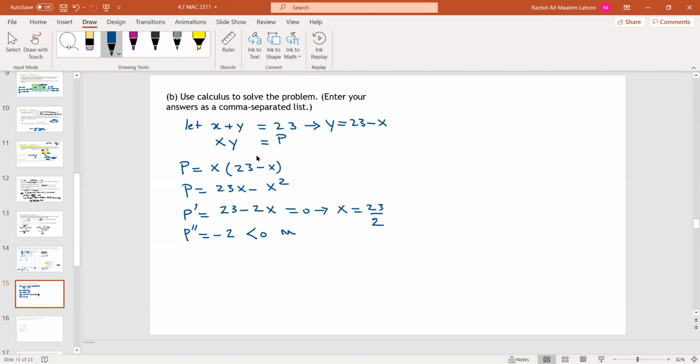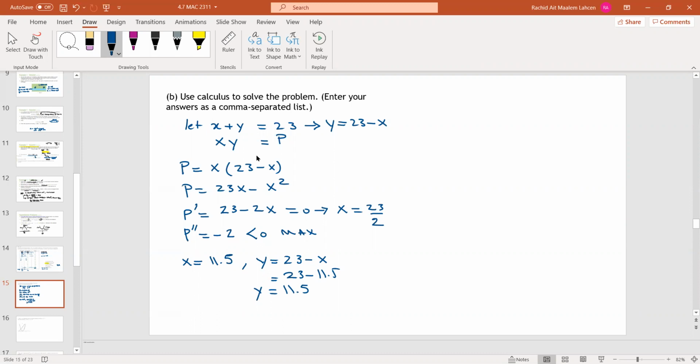So there is that max, and that max is this 11.5. And if it's 11.5, the y, which is 23 minus x, it's going to be 23 minus 11.5, which is 11.5.